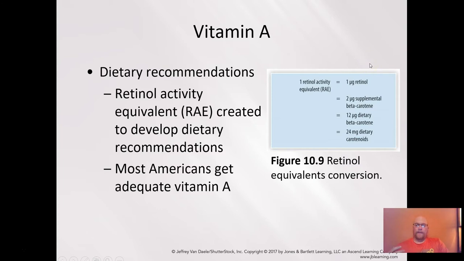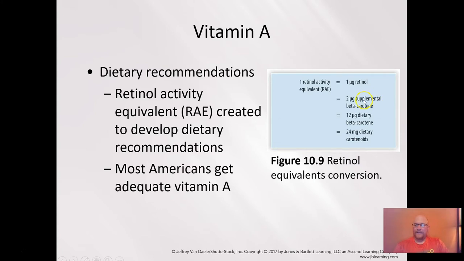1 microgram of retinol, that's what this funky U here is, micro, so it's a microgram. 1 microgram of retinol is the most powerful amount.